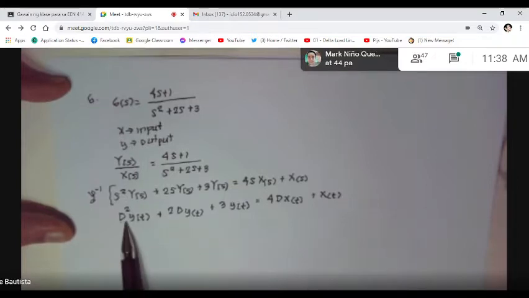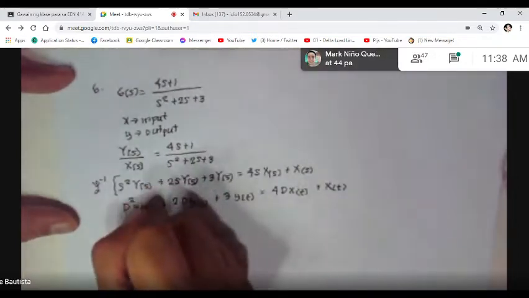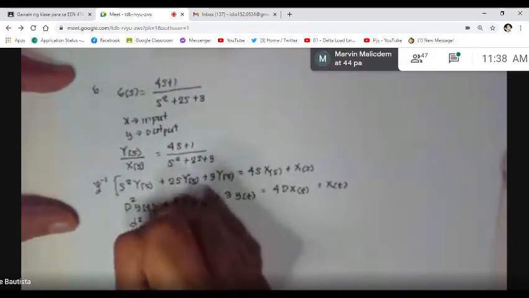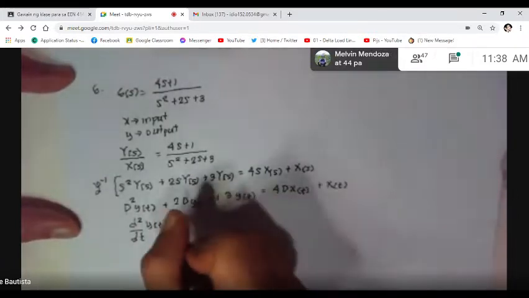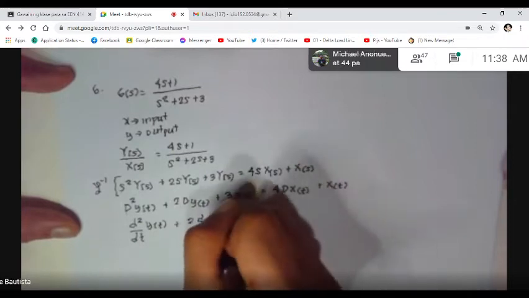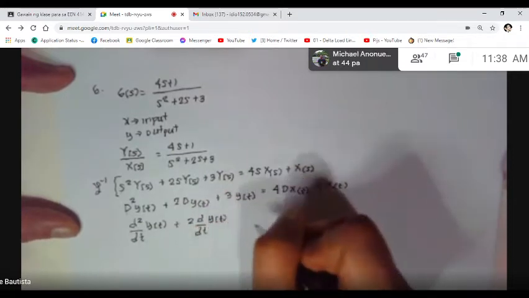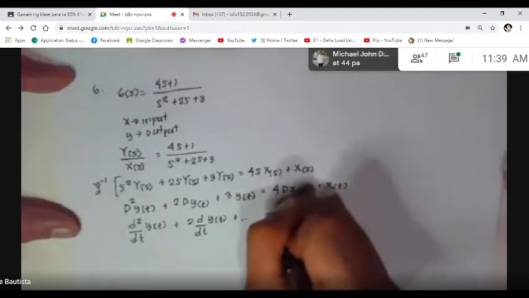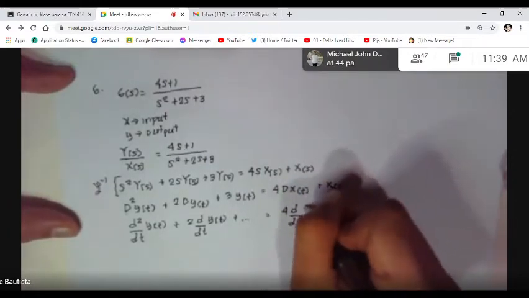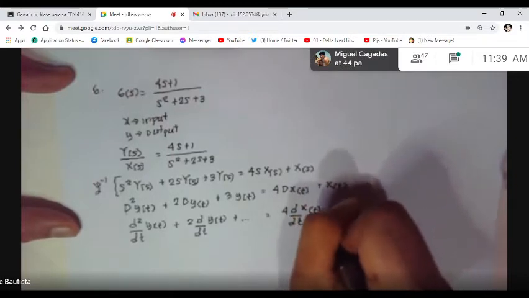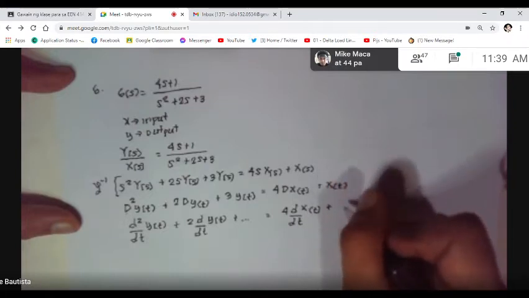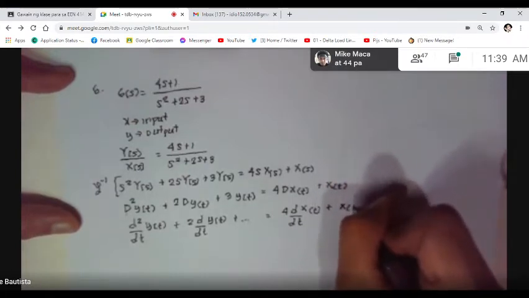So, kung gusto mo, ganito, so d squared over dt squared y sub t, plus 2d over dt y sub t, plus 3 y sub t, equals 4d over dt x sub t, plus x sub t.